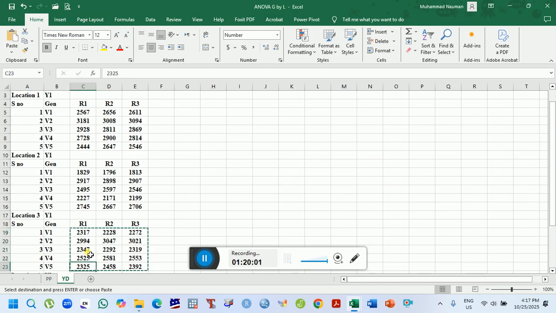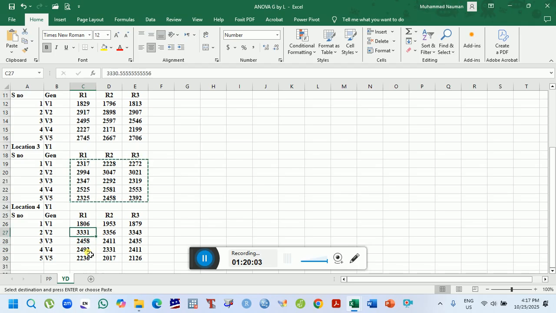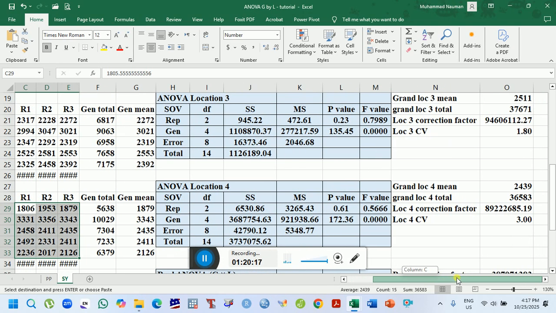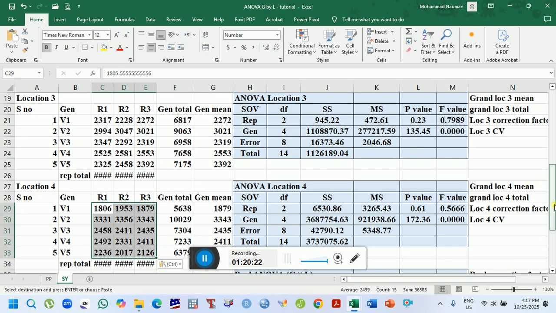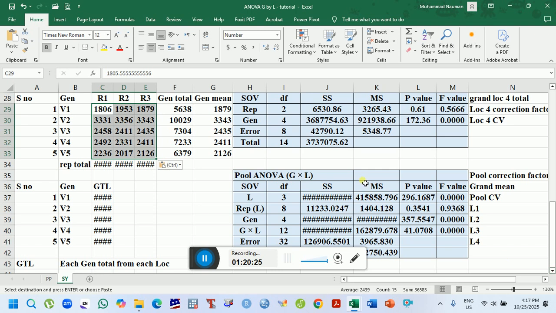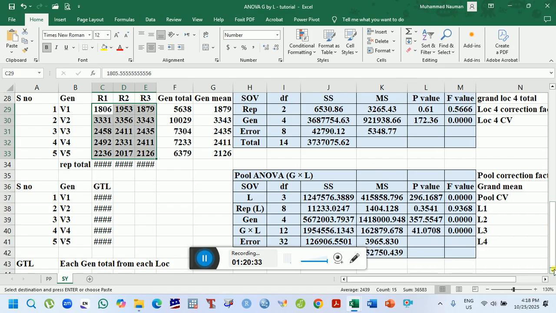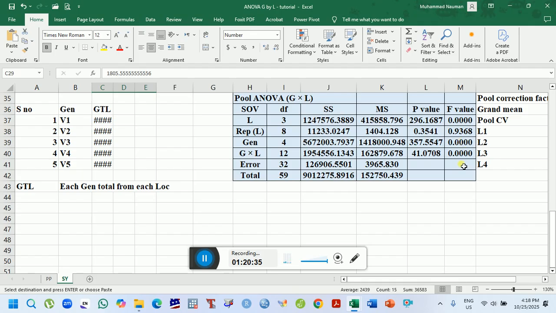Location 4. As you see, each and everything is already calculated due to the cell referencing. So the yield data is also significant.